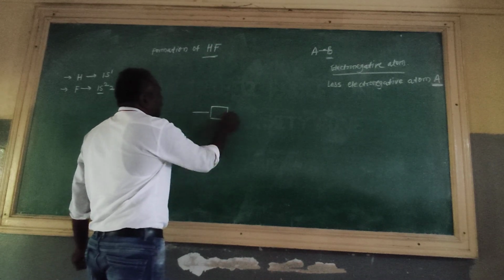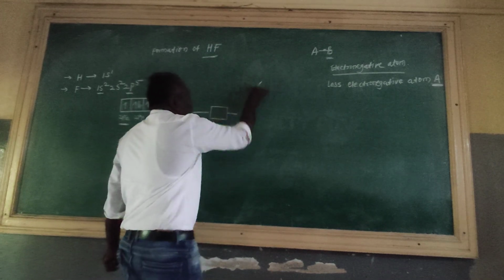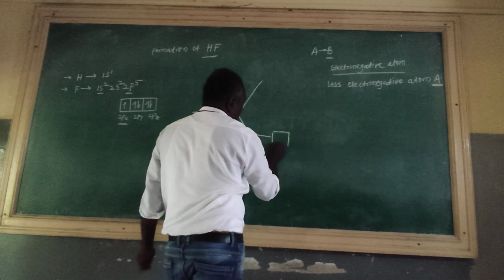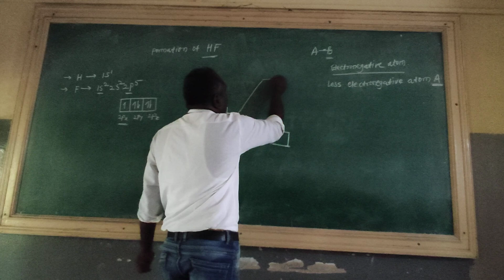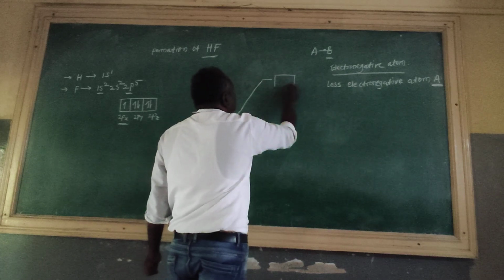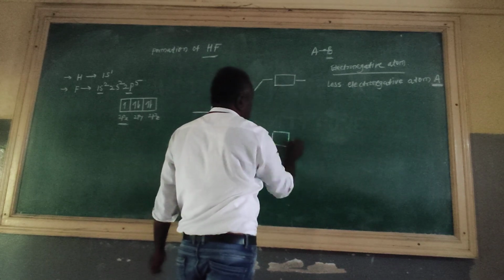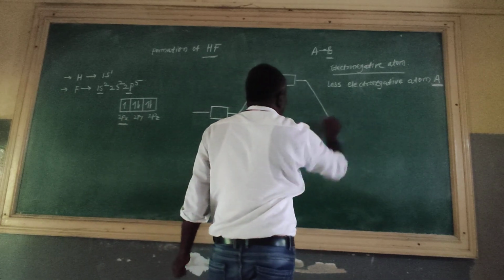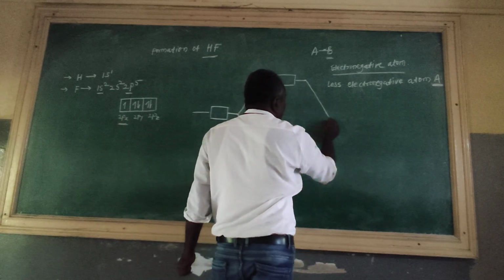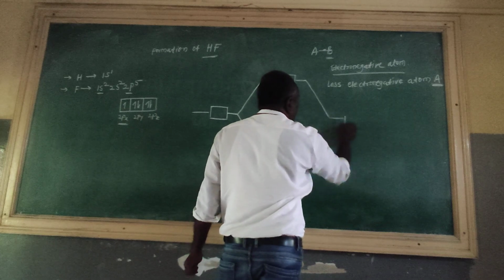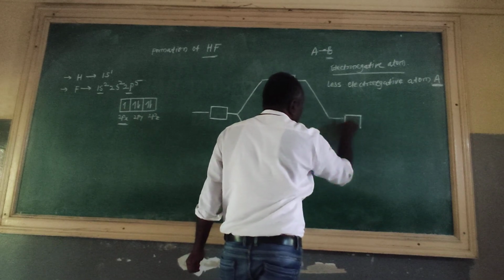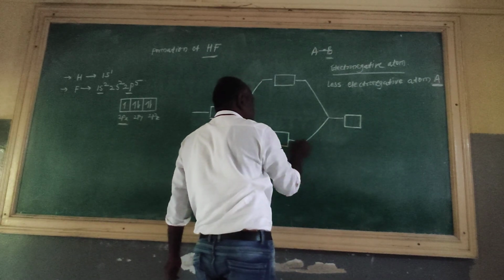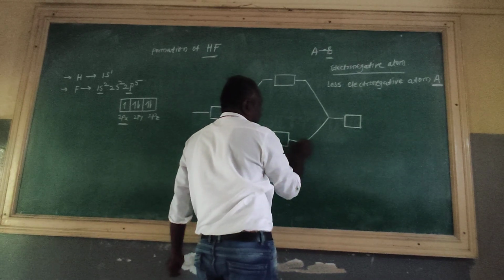This is for the hydrogen atom. We are drawing the molecular orbital energy level diagram for the formation of the HF molecule. Remember that the 2px orbital of the fluorine atom is lower in energy.